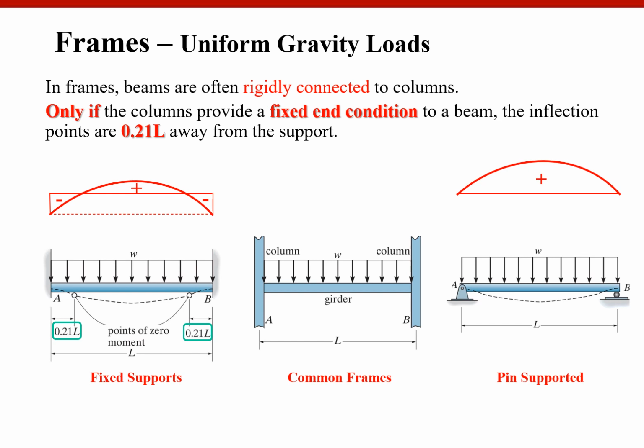But in reality, we are in between two extremes, fixed end support and pin-ended. So our bending moment diagram in reality is somewhat in between A and B. But please pay attention that if you consider the parabola here and also here, the shape and magnitude is exactly the same.